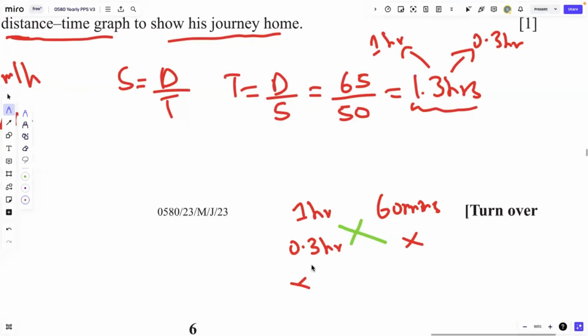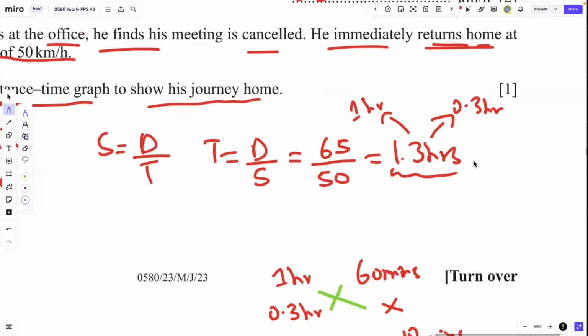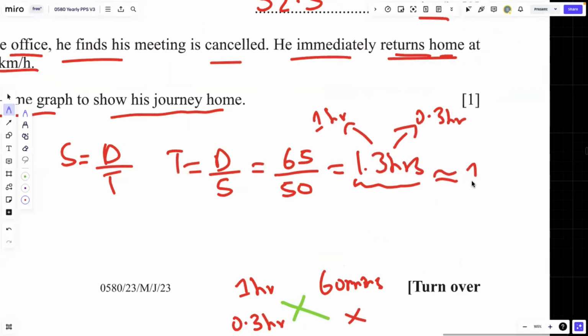So we'll get the value of x to be 0.3 times 60, which is equal to 18 minutes. So 0.3 hours is 18 minutes. In other words, this is equivalent to 1 hour, 18 minutes.